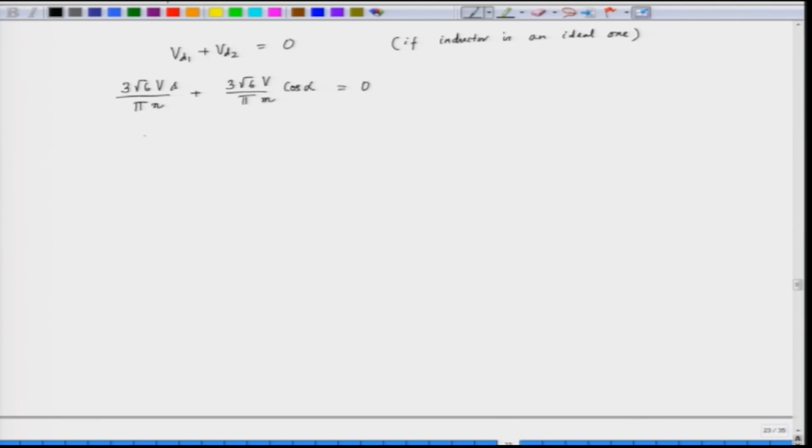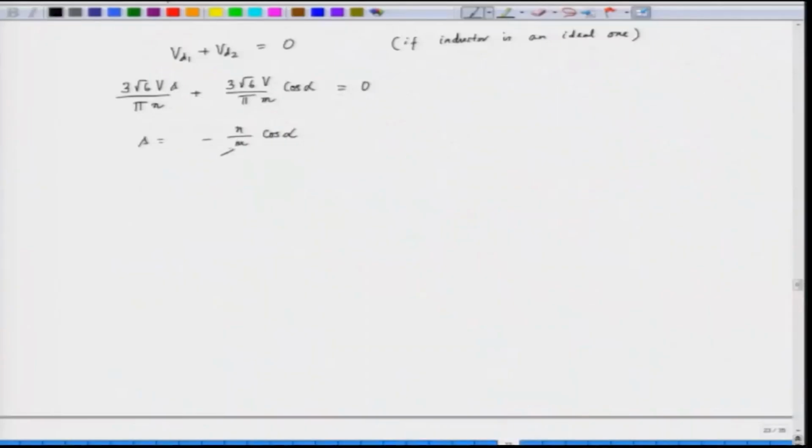Or we can say that S equals minus N by M into cos alpha. So, S, the slip of the induction motor, is given by N by M into cos alpha. Hence, by varying the triggering angle alpha, we can vary the slip of the induction motor.